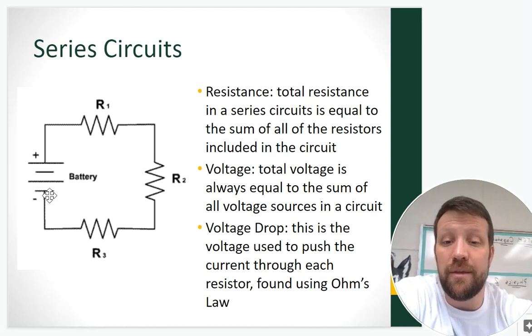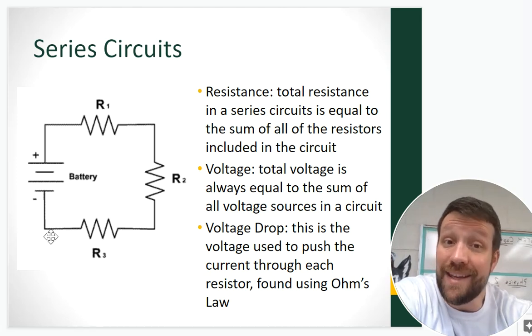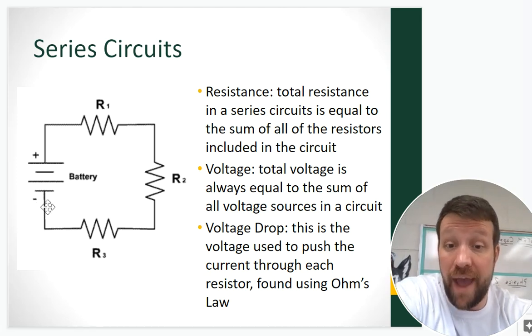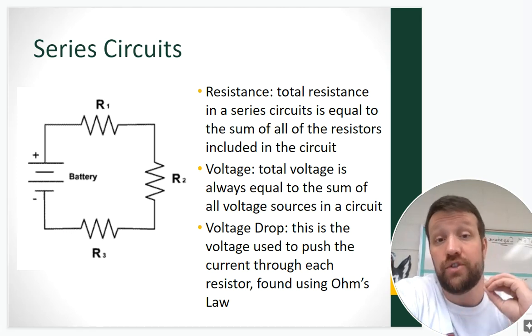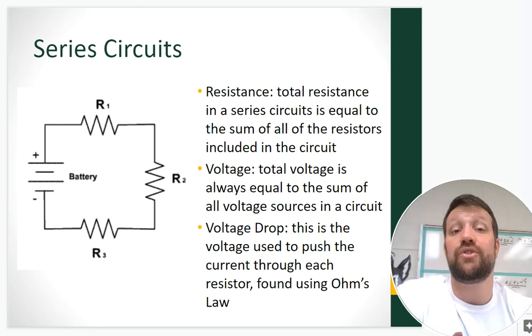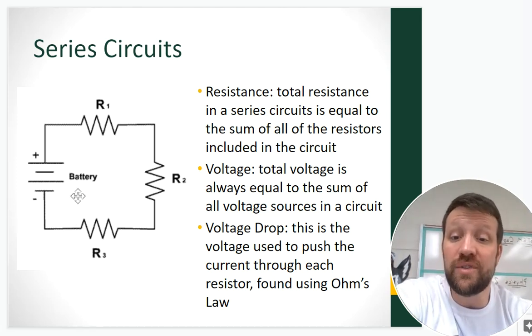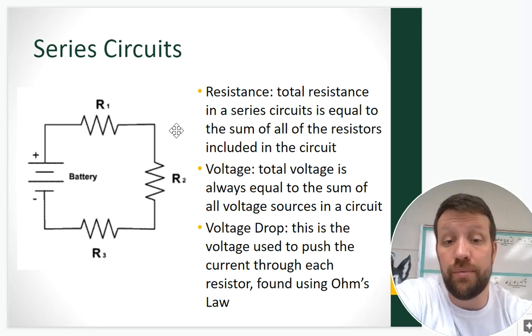But as it gets back to the battery, this replenishes that potential difference and pushes it back out again. As you come into the negative terminal of a battery in all circuits, you will have 0 volts of potential difference left. Okay? That's important because it uses the push that's generated by the battery to move the current through each of the resistors as it goes around.